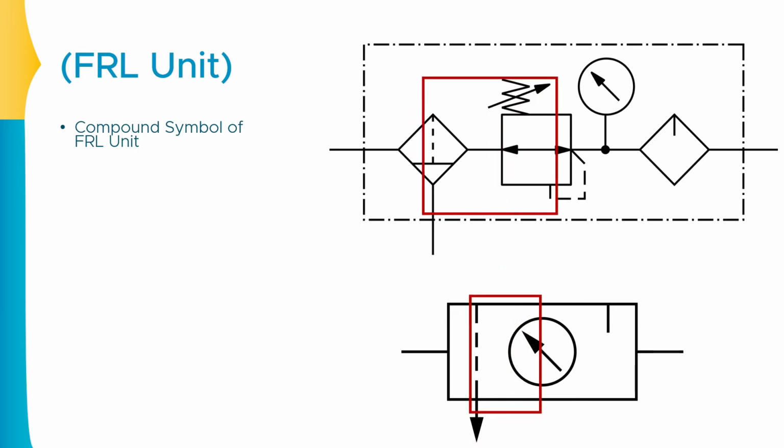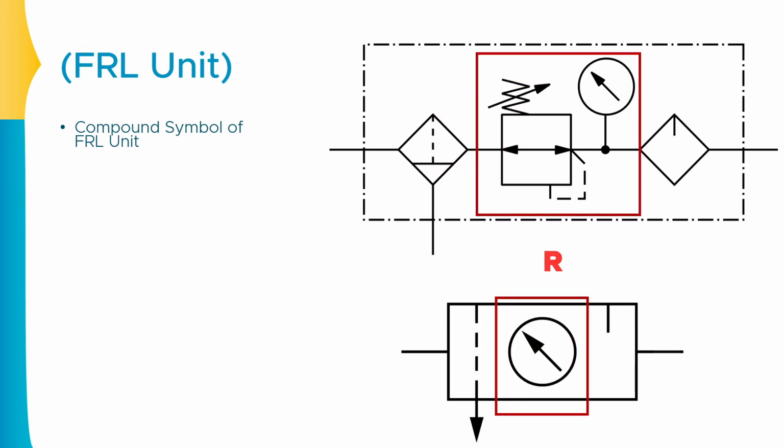The second symbol, if you observe, is the regulator unit. This is a detailed regulator unit. We have the pressure regulator system symbol as well as the pressure indicator device, which we are going to learn in the next slide. And the same symbol is represented over here, which shows the regulator system.